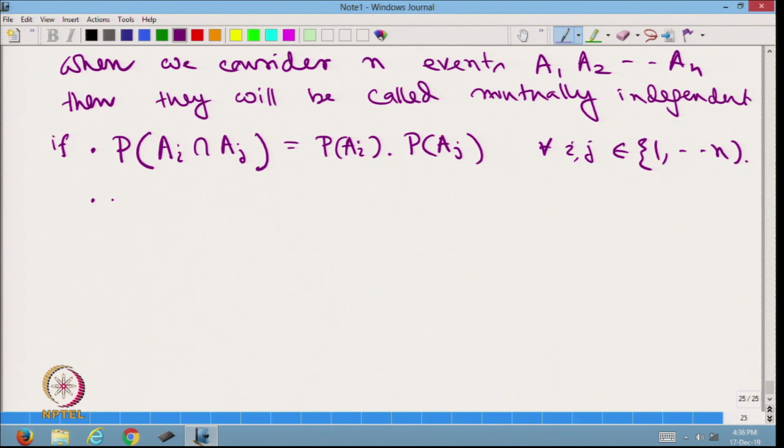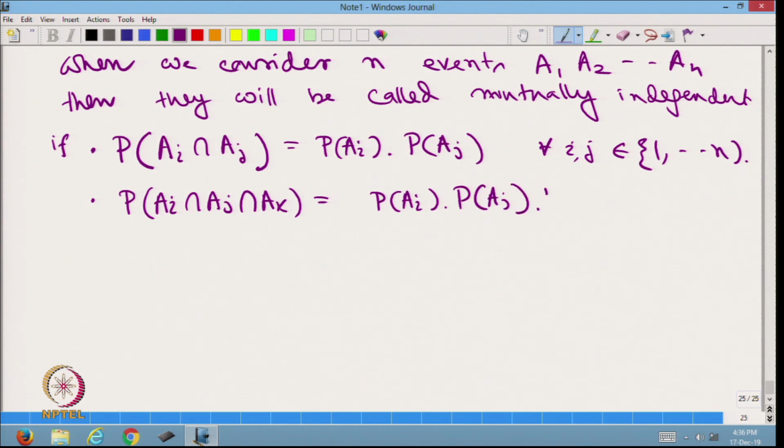Secondly, for all triplets, probability of Ai intersection Aj intersection Ak is going to be probability of Ai into probability of Aj into probability of Ak for all i, j, k belonging to 1 to n, or in fact for any k of events that should happen.